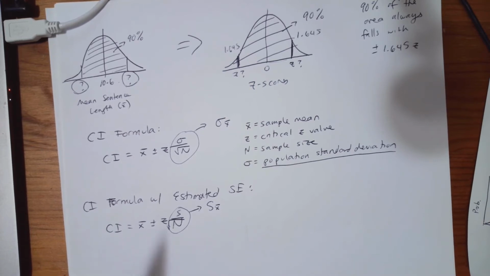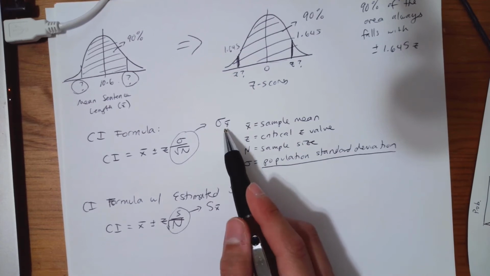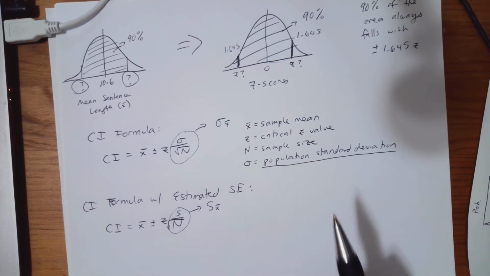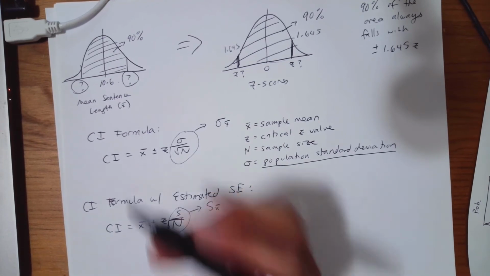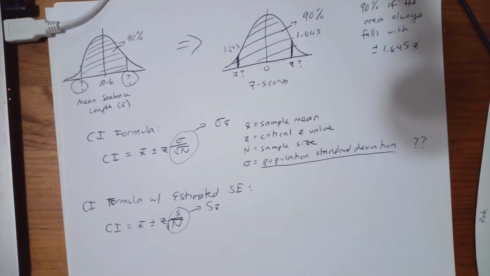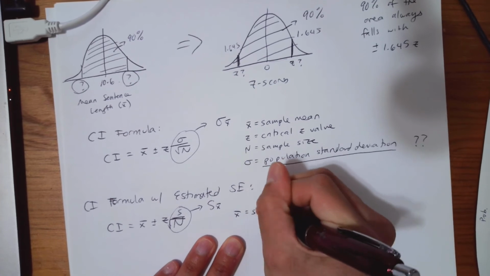So again, just to recap what I did here, we're going to be using an estimate of our standard error, which we call s sub x bar, instead of our standard error that we had in the original formula, because typically when you're doing this kind of work, you don't know what this value is. So I'll just rewrite this out so you can see everything that goes everywhere in the formula.